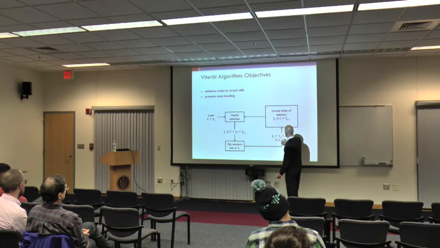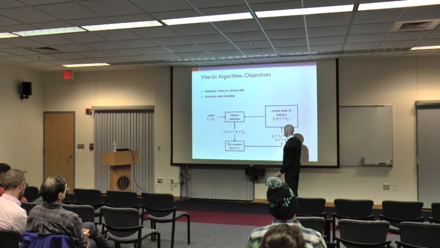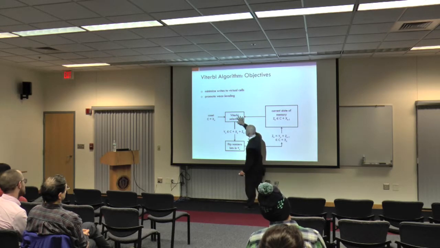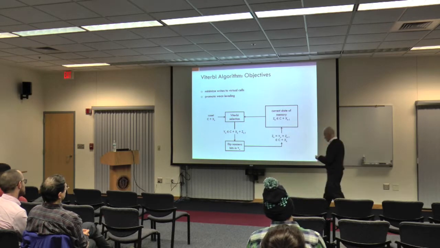This is the old state. And now we're going to produce this new translate. Then we use Viterbi to pick the representative. We write it in the memory. We keep going.